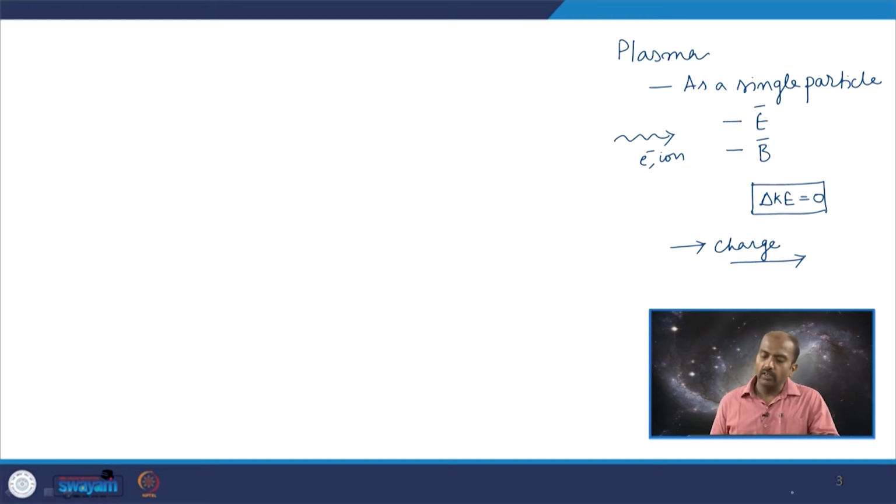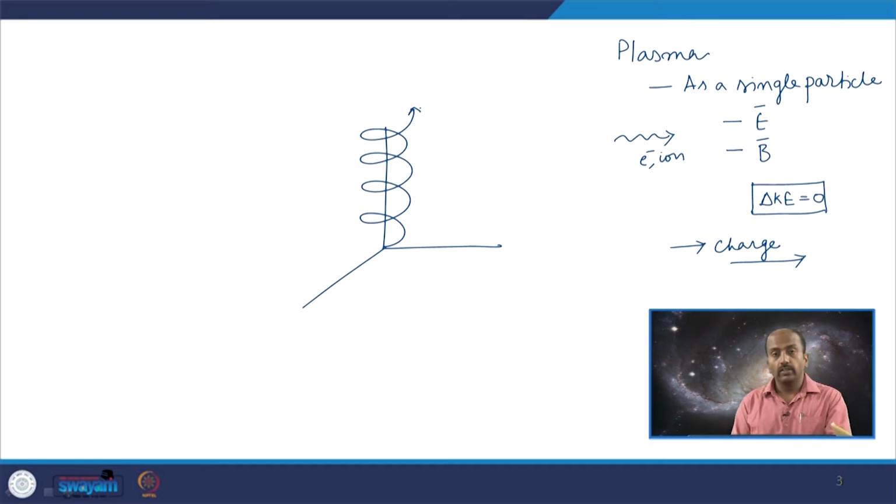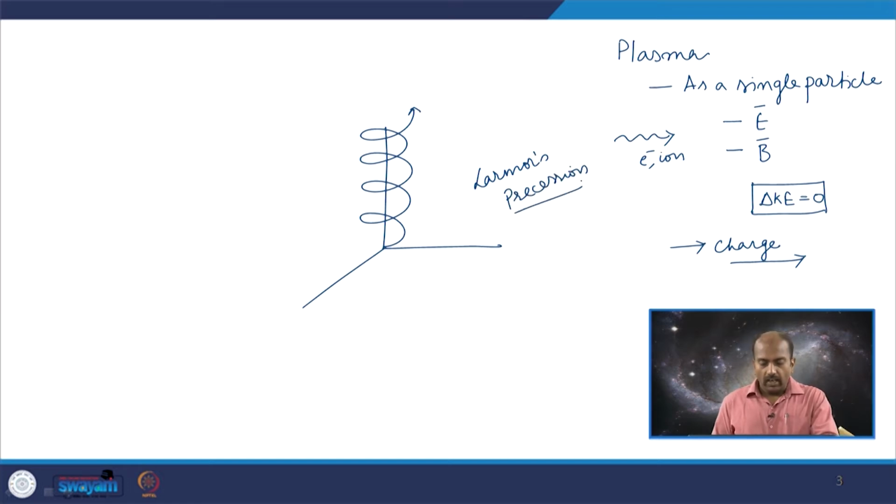When we considered only the magnetic field, we saw that the particle will gyrate like this, and this gyration was also called Larmor precession.